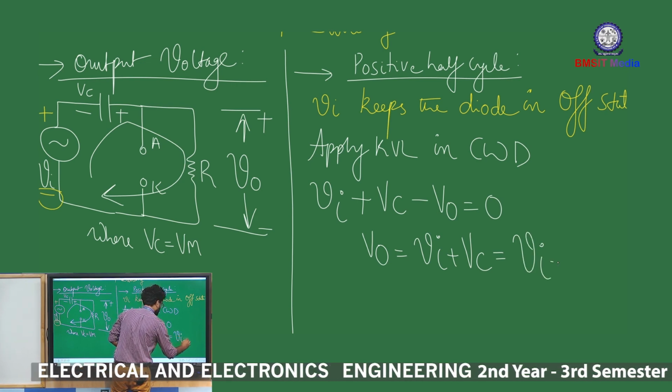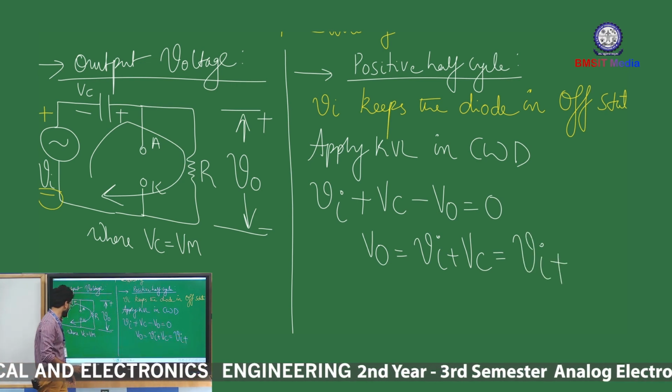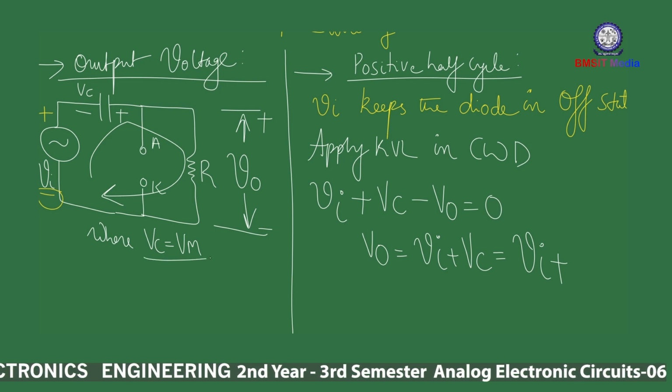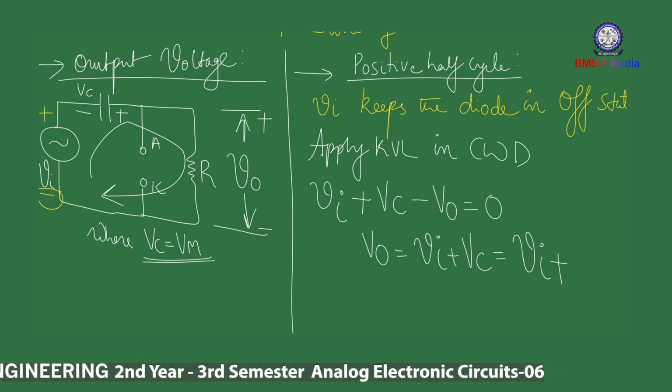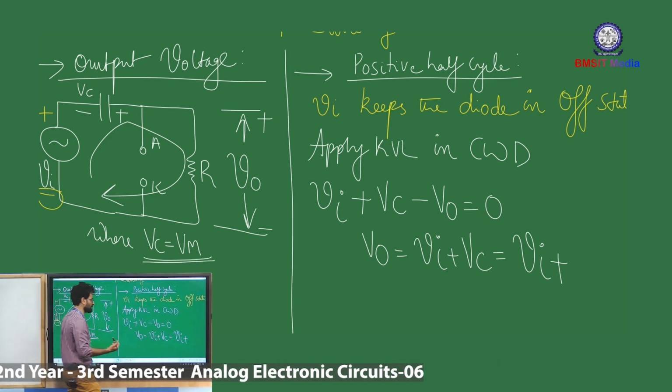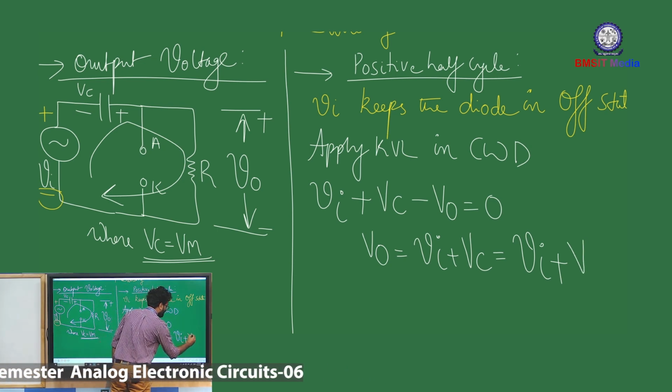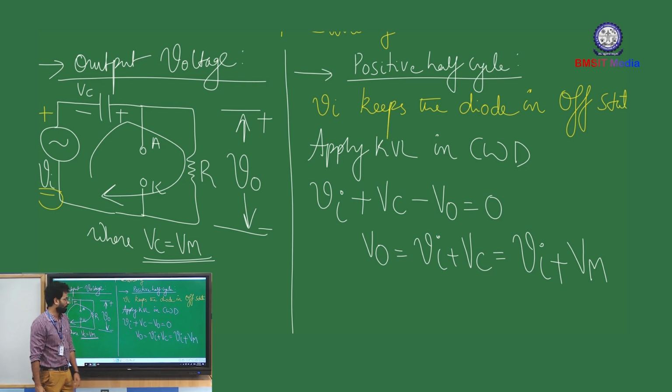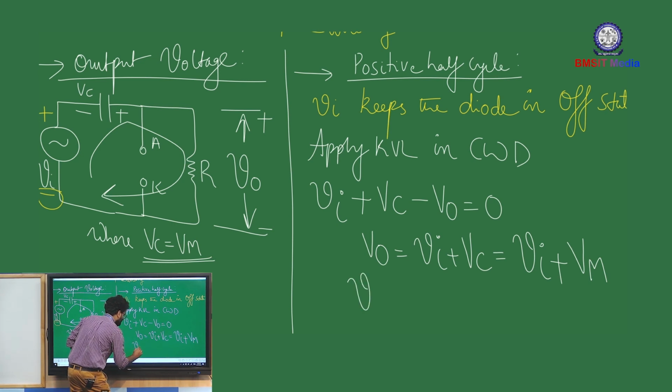In place of Vc, what did we get in the charging cycle? We obtained Vc is equal to Vm, because the capacitor gets charged to the maximum value of the input waveform. So for the clamper analysis, all we need is this analysis: output voltage V0 is equal to input voltage Vi plus Vc.